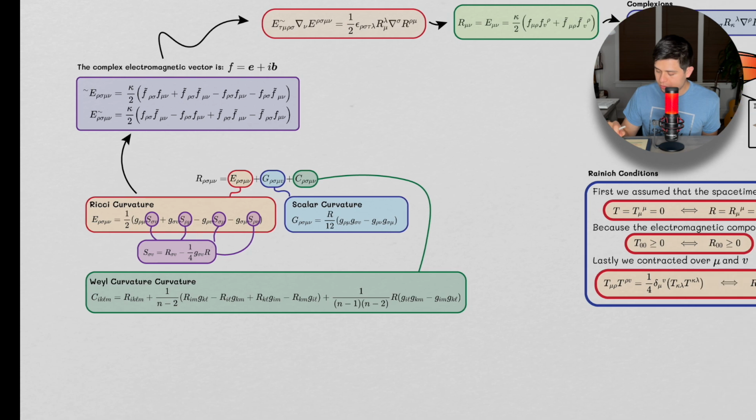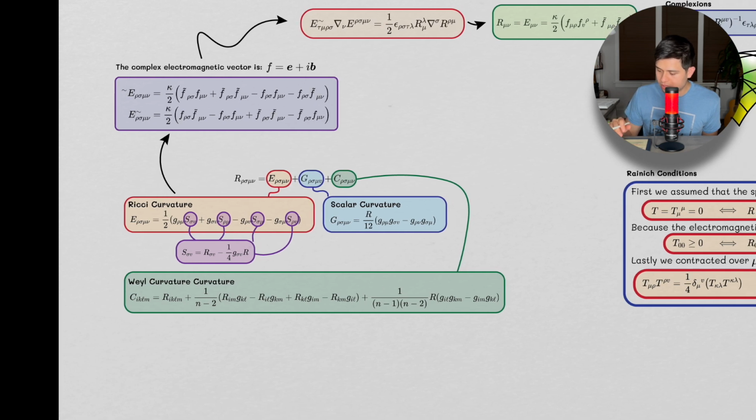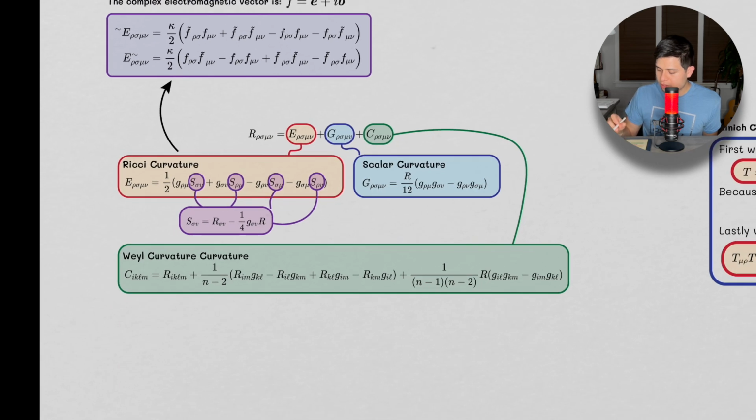All right, so we talked about this a little bit, right? So Ricci curvature, scalar curvature. This is a more general case of scalar curvature, and then we have our Weyl curvature. In some sense, we really want to come back to this picture when we start talking about conformality, because the idea here is that these are really just general cases of what we know as the Ricci tensor and the Ricci scalar.